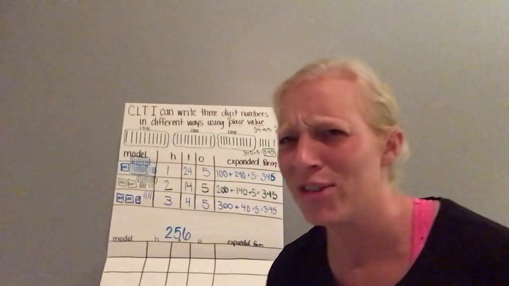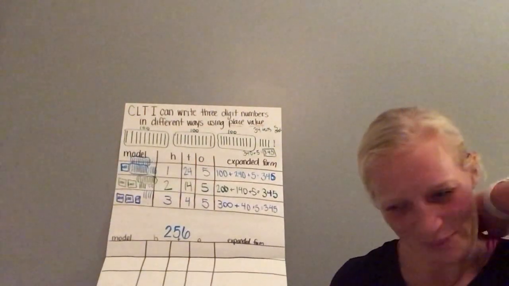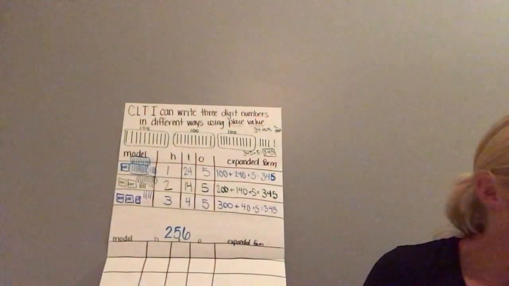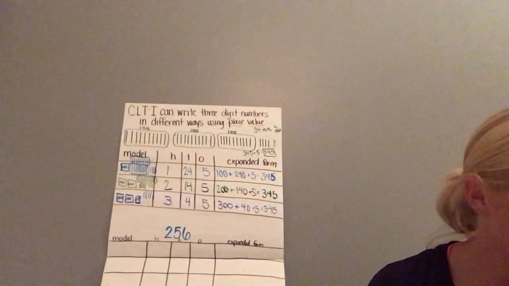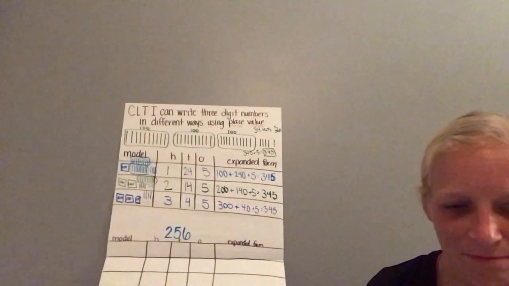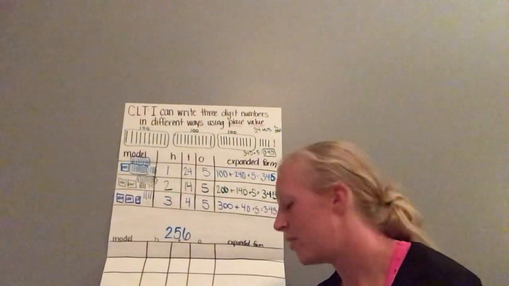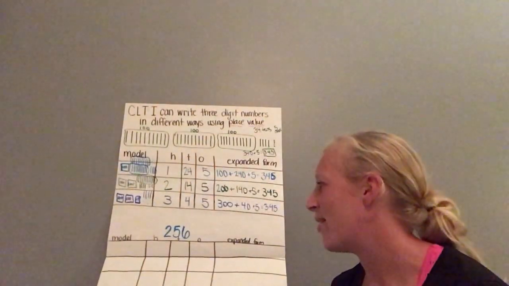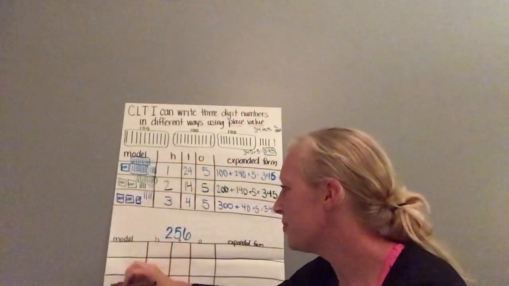Go ahead. What are some ways that we could do 256? How many hundreds is in 256? All right, let's go ahead and we will fill that out. So tell me about your model that you drew.